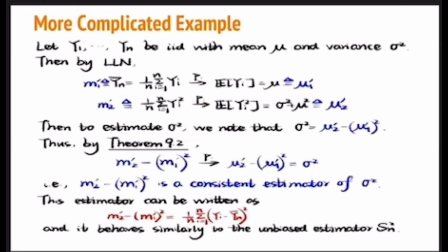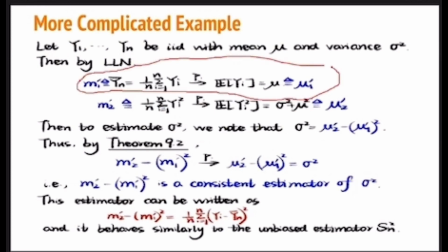Now, let's go into a more complicated example, okay? I need you to take a look at this now. 1 over n summation Y, that's the sample mean, converges to the first moment, the expectation of Y. The second moment is the expectation of Y squared. The third moment is the expectation of Y raised to power 3.